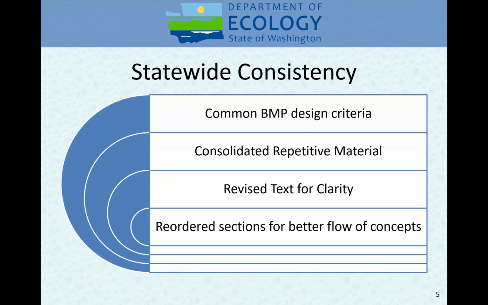Some of the things we've done in changing these is we're striving to get statewide consistency between the things we can get statewide consistency on. Things like design criteria for BMPs. We are posting the manual online using software called Flare.